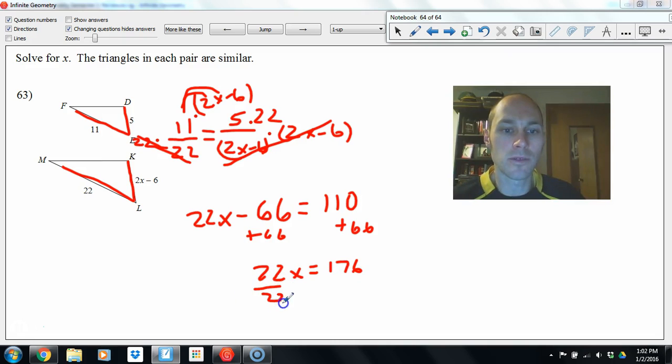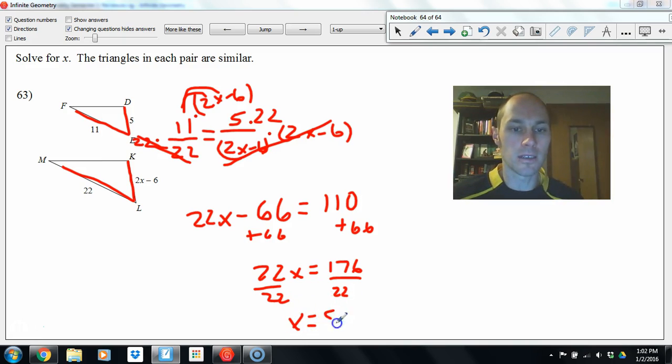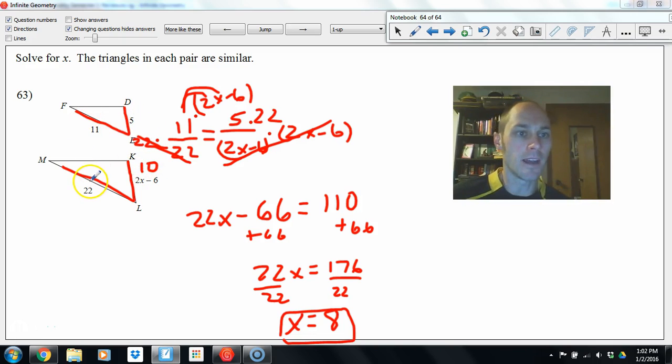Divide both sides by 22. Check my math here. 176 divided by 22 is 8. So x would be 8, which if I checked it, 8 times 2 is 16 minus 6 would be 10. Should be double that.